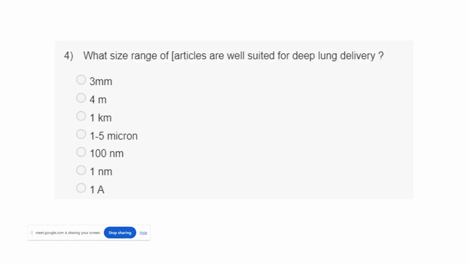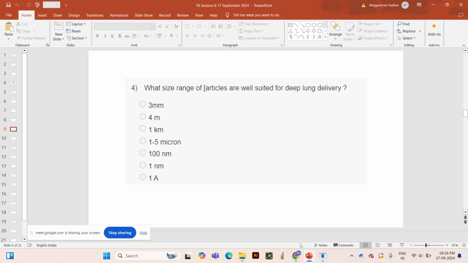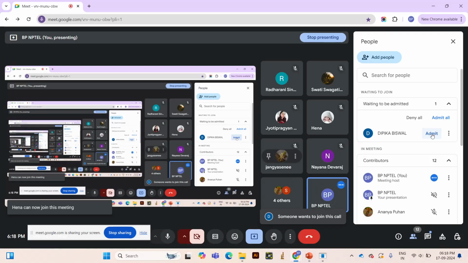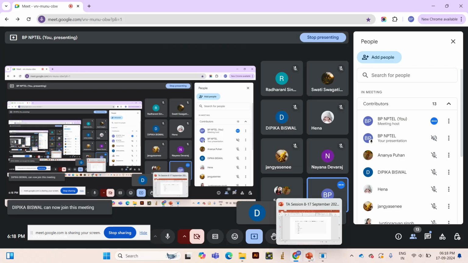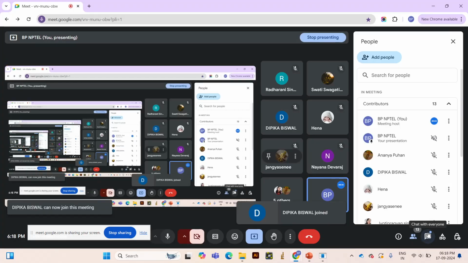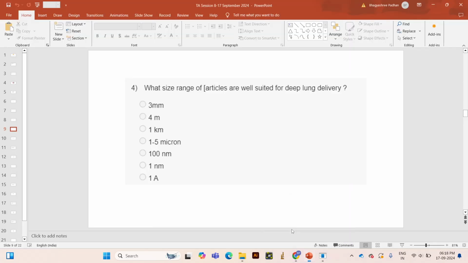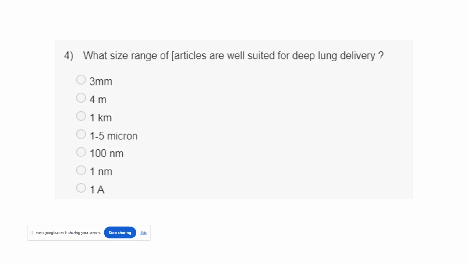Okay, we have our next question here. What size range of particles are well suited for deep lung delivery? Option 4. Okay, what about others?